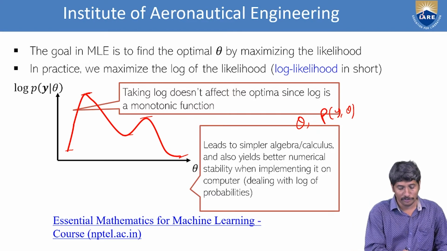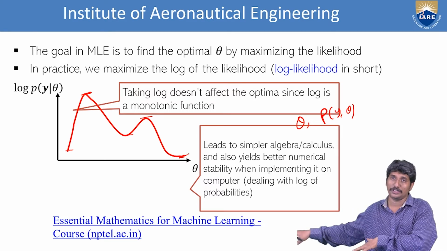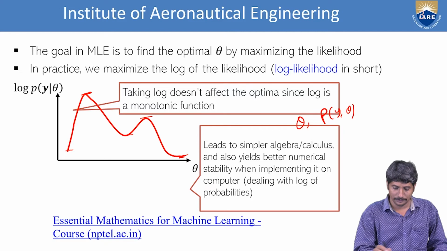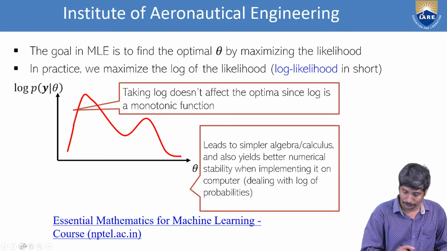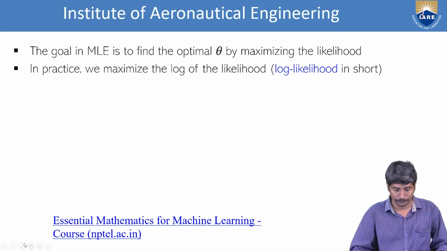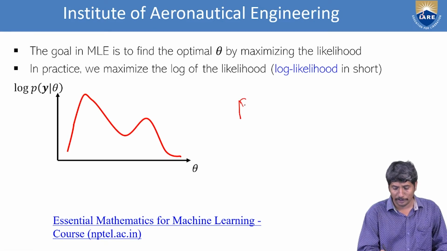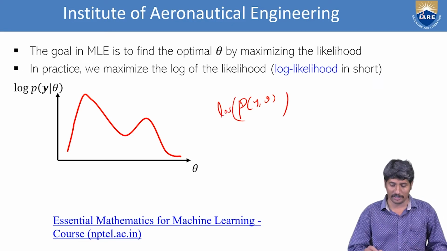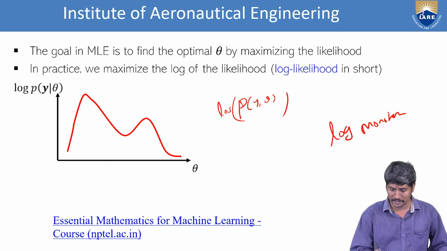Among them, one will be the highest peak, that is called the maximum, and one will be the lowest, that is called the minimum. Now on p of y comma theta, when we apply logarithm, does the maximum or minimum get affected? No, it doesn't, because logarithm is always monotonic. What do you mean by monotonic? Simple. As x1 is less than x2, log x1 is always less than log x2.